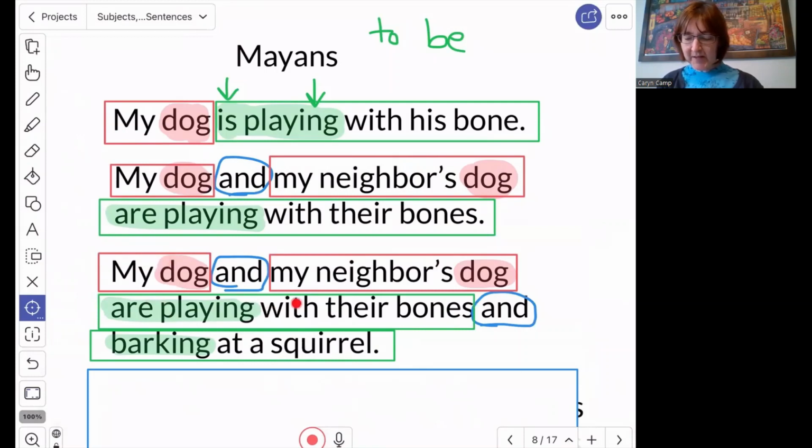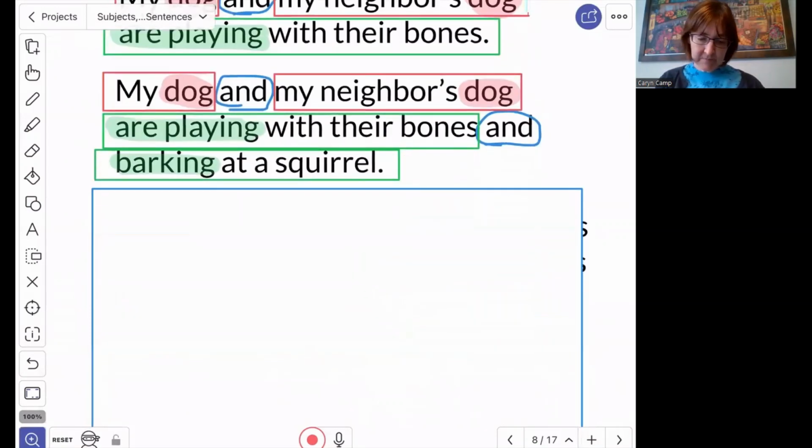My dog is playing with his bone and barking at a squirrel, and my neighbor's dog is playing with his bone and barking at a squirrel. So it's red, red, green, green. It's still a simple sentence. We have a compound subject and we have a compound predicate, but it's still a simple sentence. All right, let's go down and look at the next one.